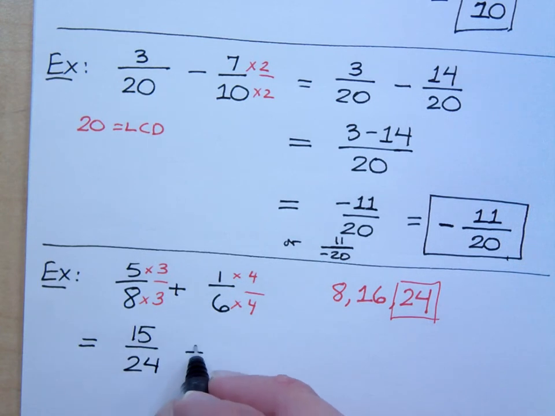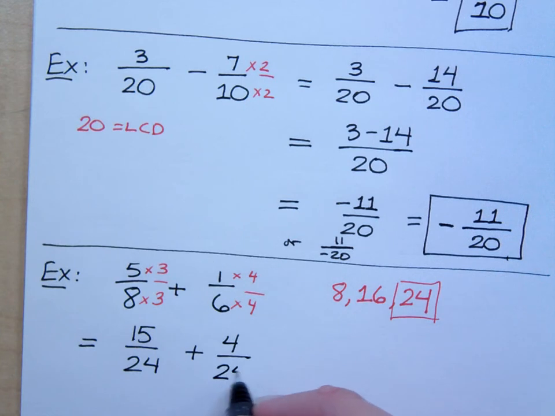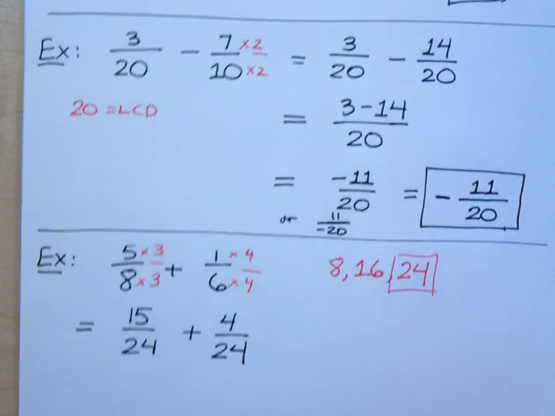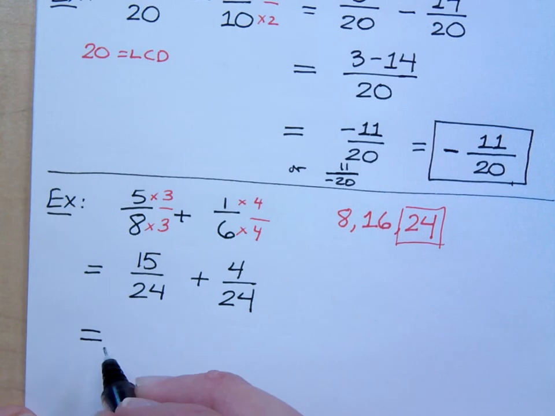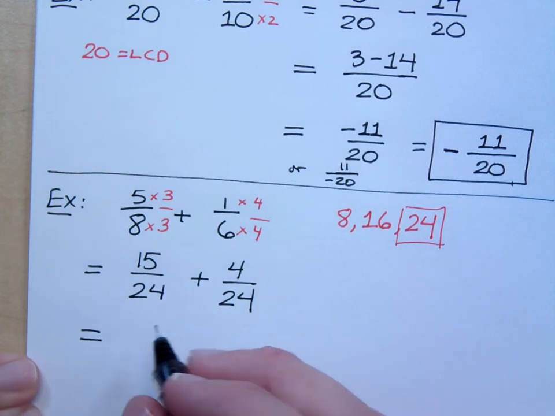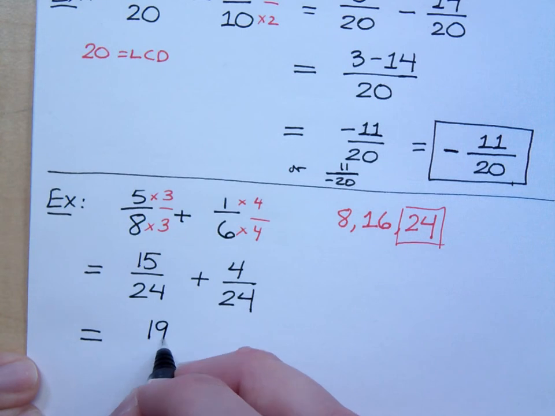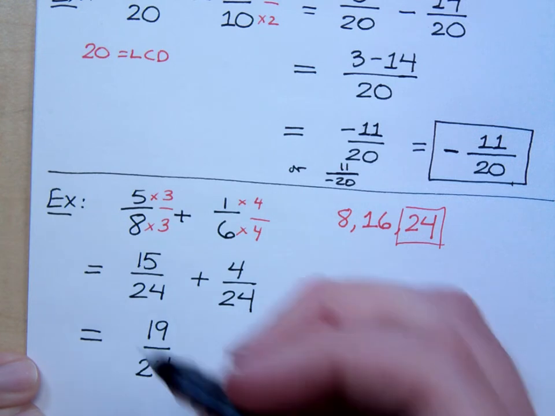Plus what? Now do you have the same denominators? So now you can do what? Add those numerators, and what do you have? All right, I've got 19 over 24. Is this in lowest terms? Yeah.